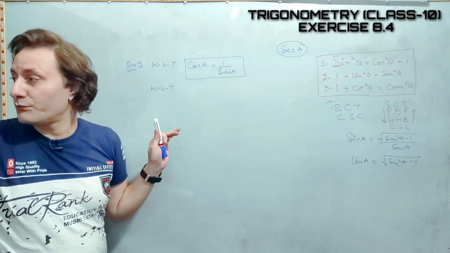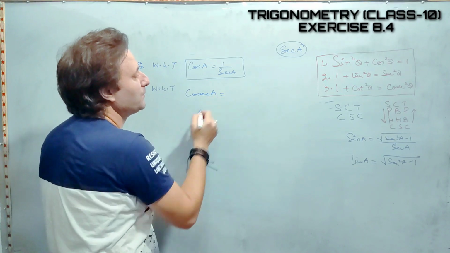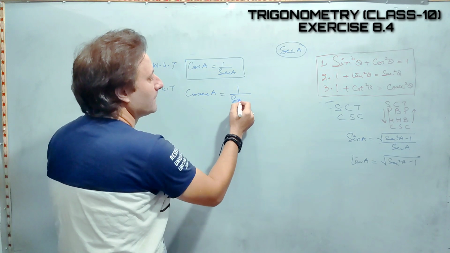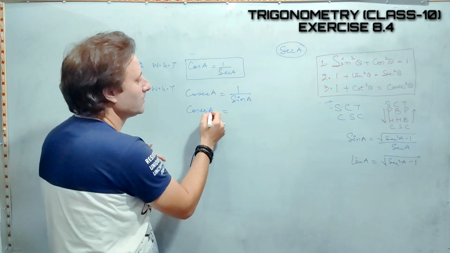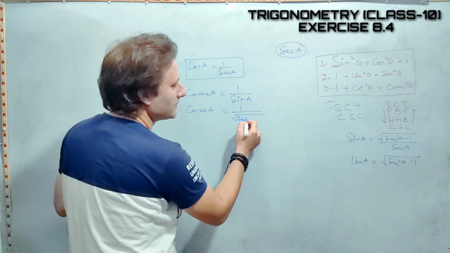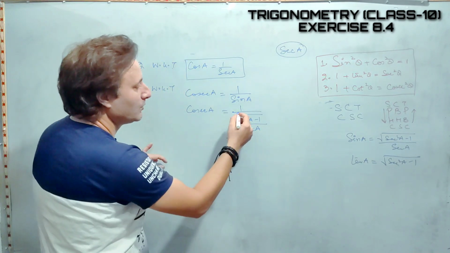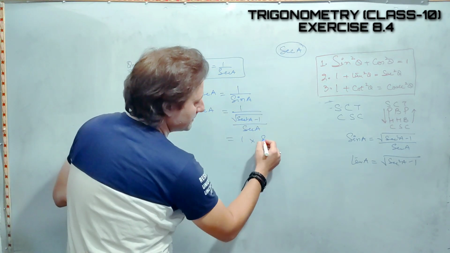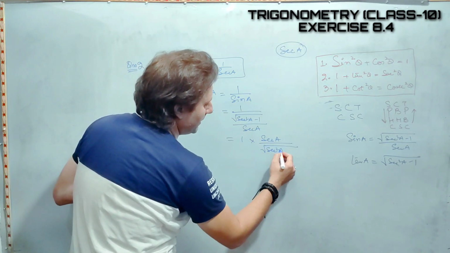Now, what do we have? We have cosec A. We know that cosec A is 1 upon sine A. So do I have the value of sine A? Yes, I do. 1 upon sine A is 1 upon under root sec square A minus 1 divided by sec A. Now we will just move this, and this will be 1. This is sec A upon under root sec square A minus 1.